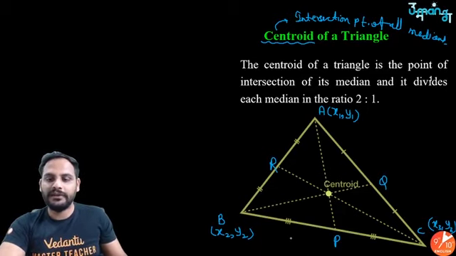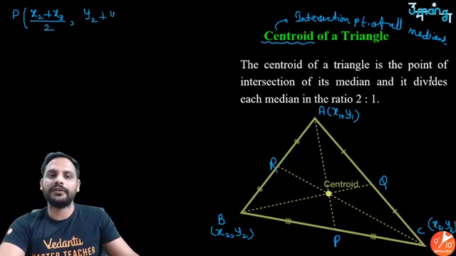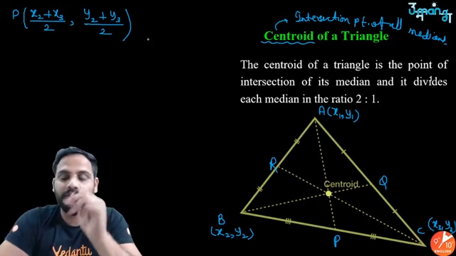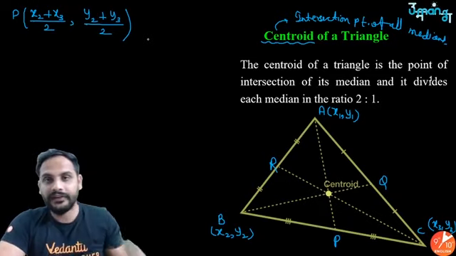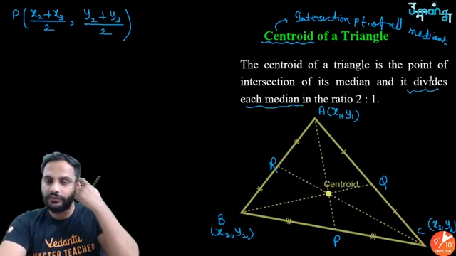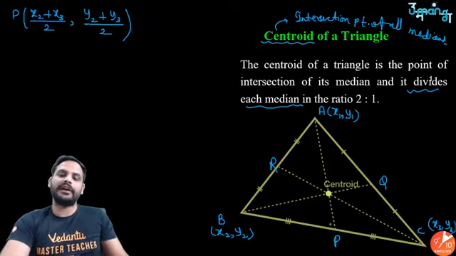So P will be the midpoint of BC. So coordinates of point P, I can say using the midpoint formula, are x2 plus x3 by 2, comma y2 plus y3 by 2. Now, one more thing, better remember that the centroid divides all the medians in the ratio 2:1, where 2 is from the vertex to the centroid, and 1 is from the centroid to the midpoint.